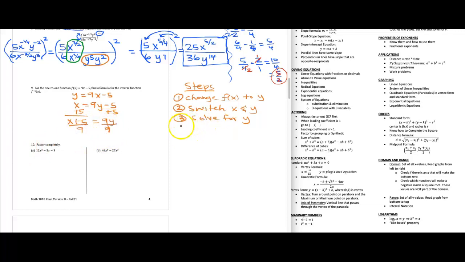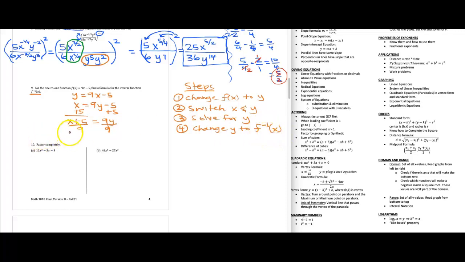The last thing I need to do is write it in inverse notation, so that f to the negative 1 power of x tells us it's the inverse. So now we're going to change y to that. Read this as the inverse of f of x, but f to the negative 1 power of x.